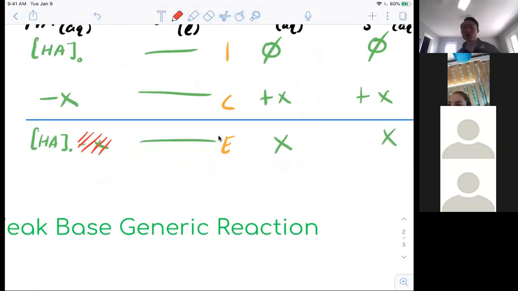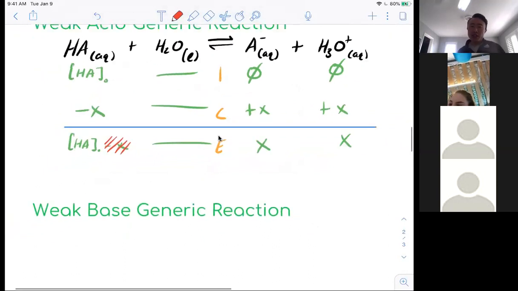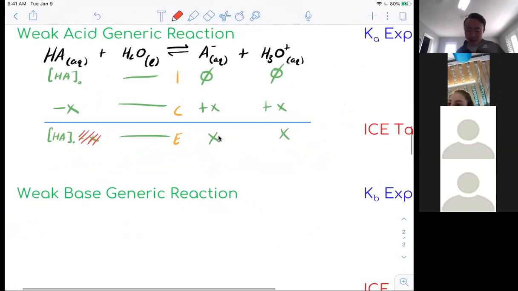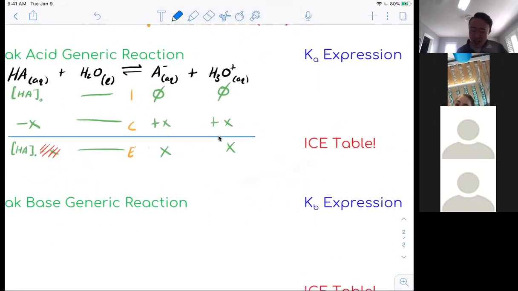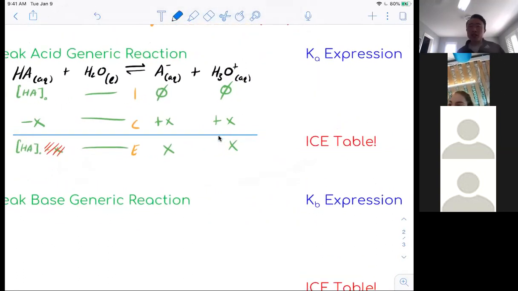So we'll use the small x rule from what we learned last unit in equilibrium to get rid of that. So minus x goes away, and we'll just end up with x's on the right side. So when I think about the Ka expression, what that's going to look like is this. Ka is just the equilibrium expression given an acid.